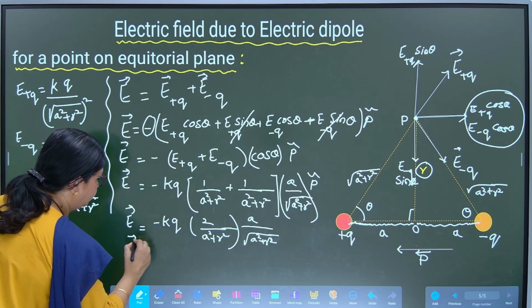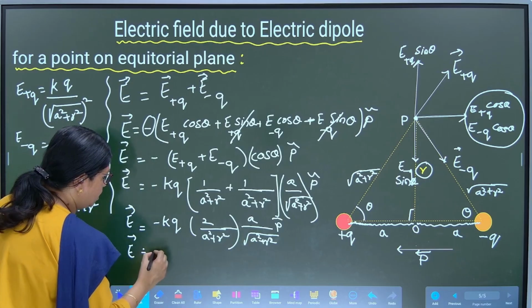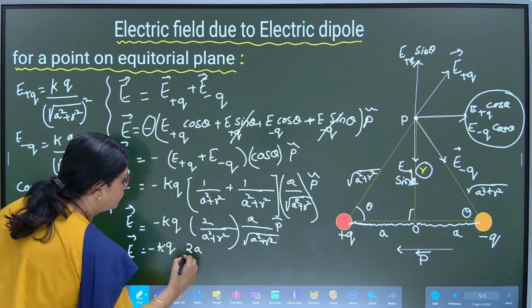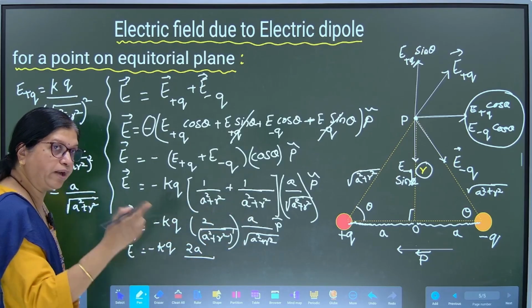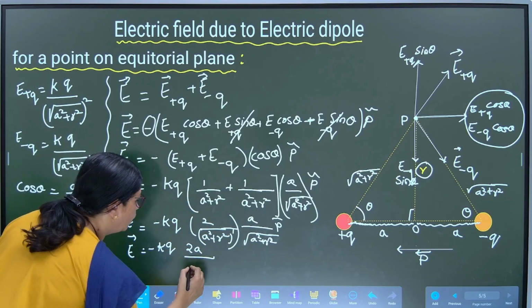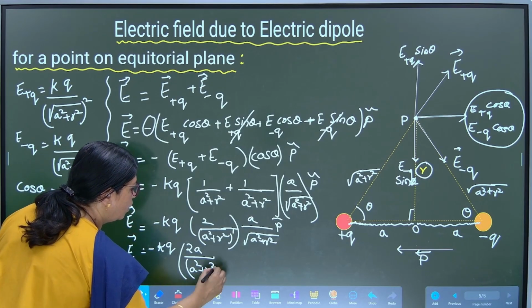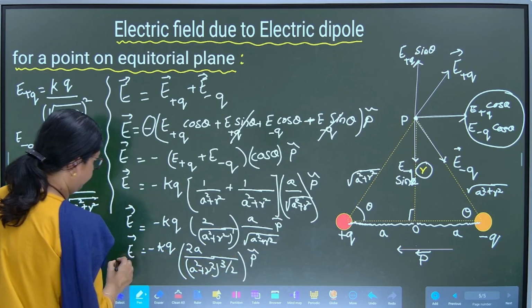So E is equal to, I will maintain P cap, negative K Q 2A. Here the power is 1, here the power is half. Adding both the powers, I'll have 3 upon 2. So I'll have A square plus R square whole raised to 3 upon 2, P cap.